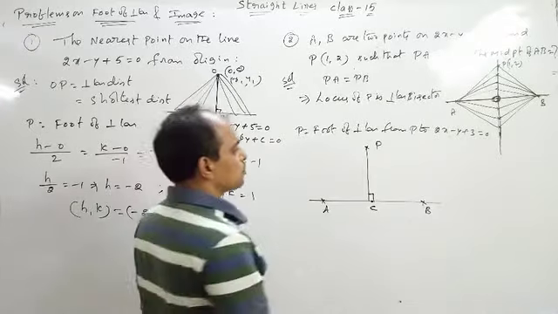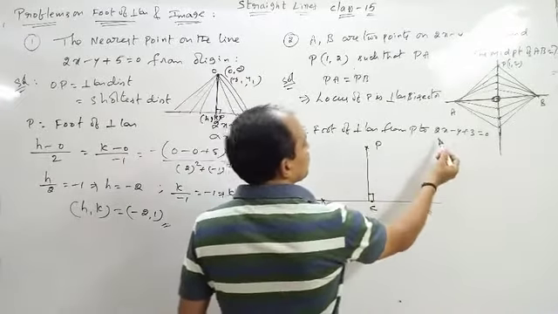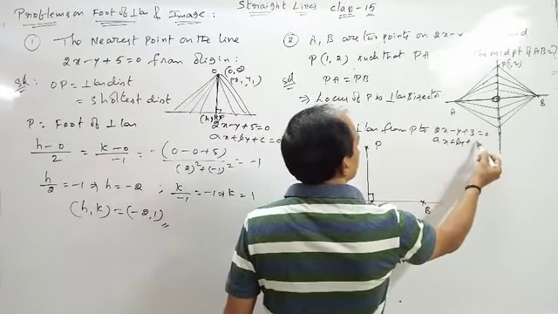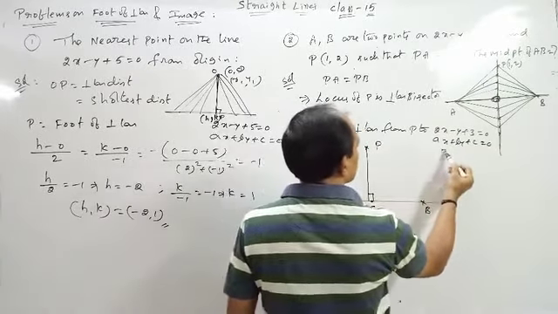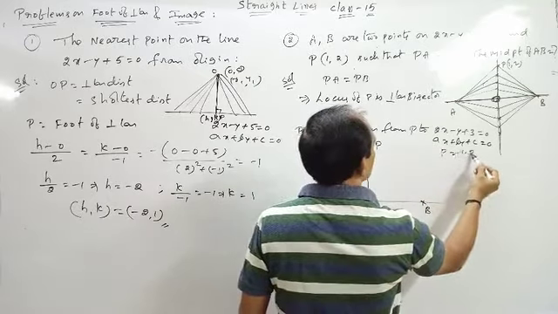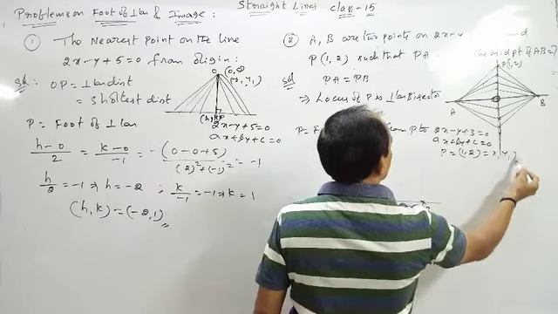Okay, so what is the formula? This is ax plus by plus c is equal to 0. And what about the point? P is equal to 1 comma 2, which is our x1 comma y1.